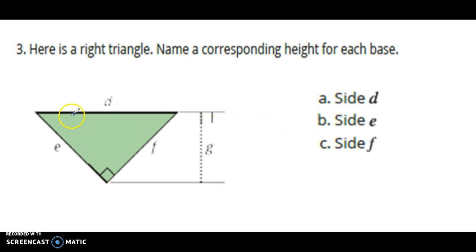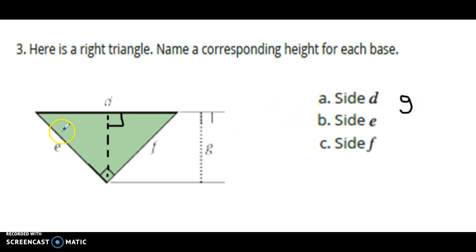So A, if I look at side D, I need to pick a dotted line that is at a right angle from D. So it should come down like this, being at a right angle. The only dotted line that is at a right angle from D is G. So my answer to side D is going to be G. So we're going to put a G next to it.